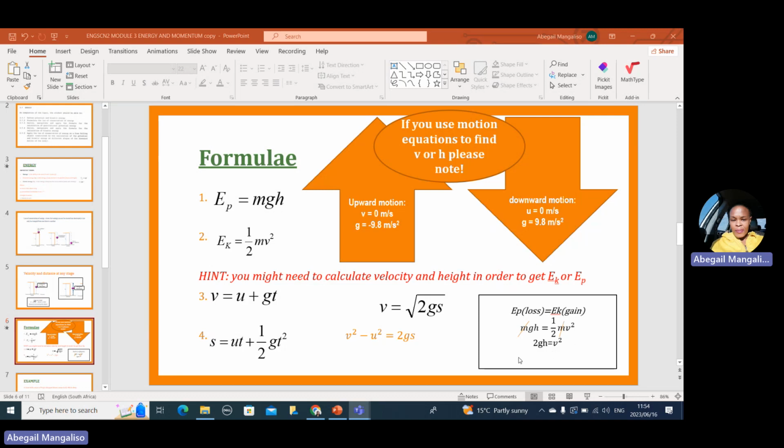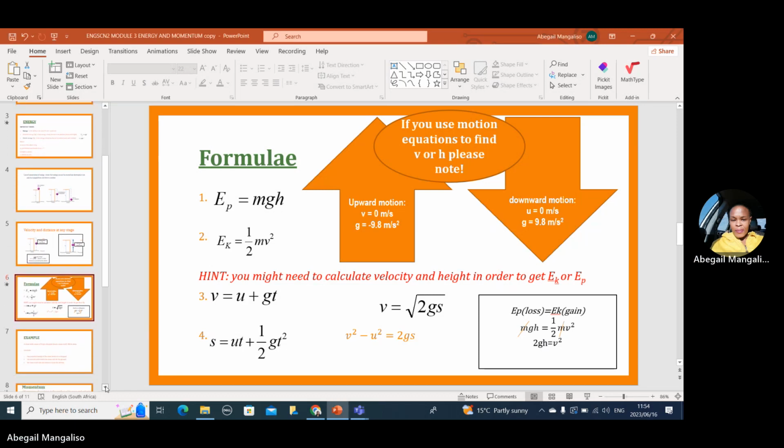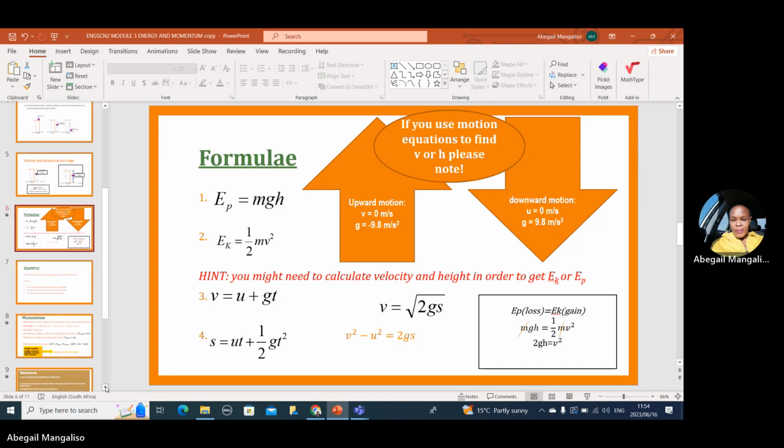Then you put it under a square root on both sides, and you'll end up getting this formula. Where there is s, you can also put the height. Okay, so you can do the calculations or the activities under energy.